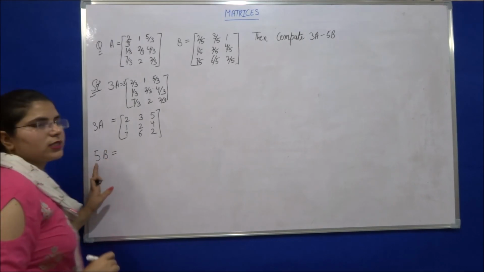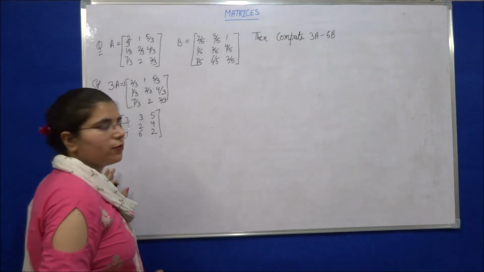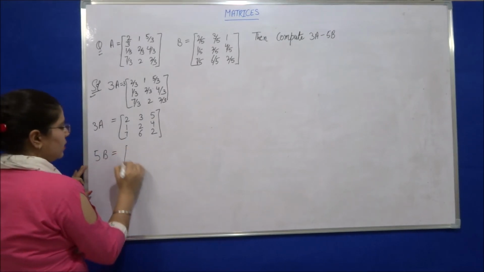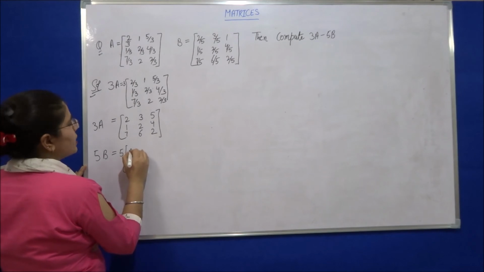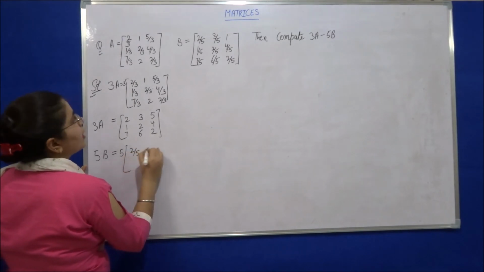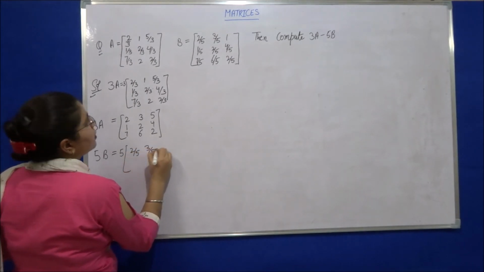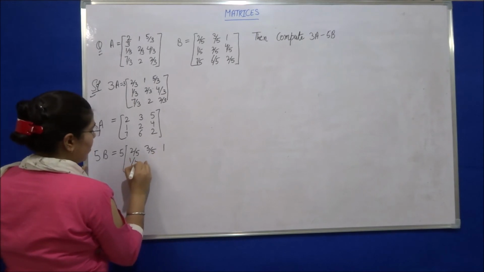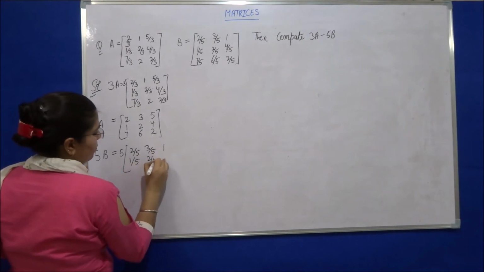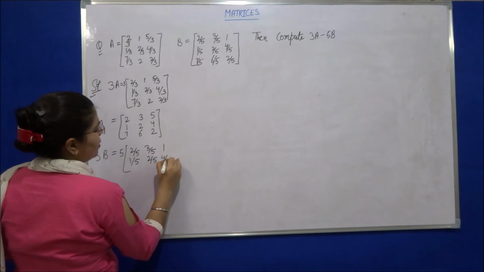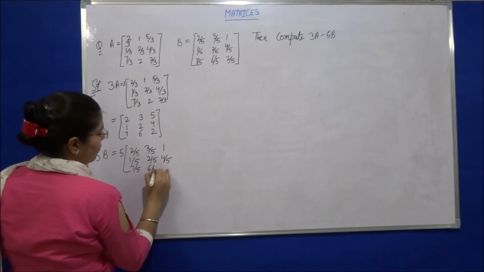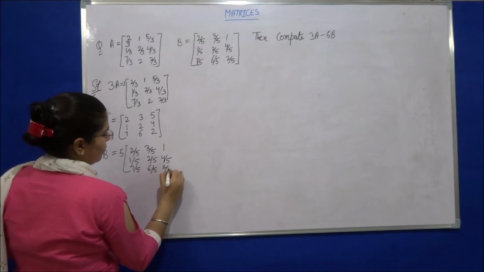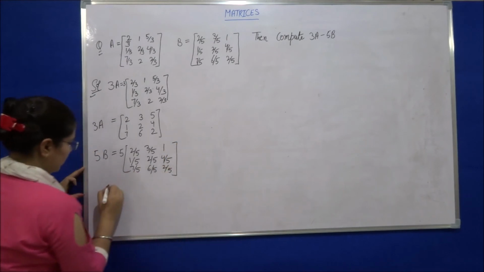Now we have to calculate 5B. Again scalar is given to us, value 5. So 5B will be multiplied by 5 with each element of the matrix B. 2 by 5, 3 by 5, 1, 1 by 5, 2 by 5, 4 by 5, 7 by 5, 6 by 5, 2 by 5.